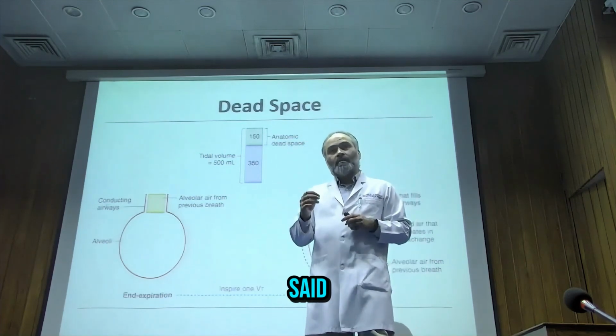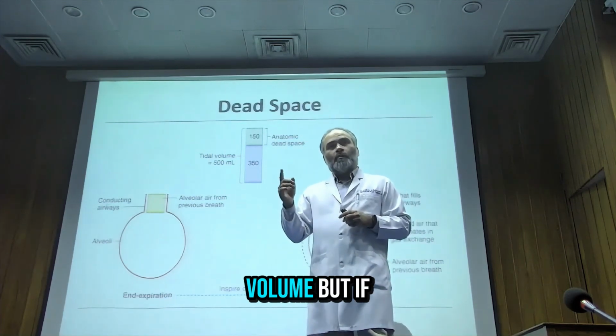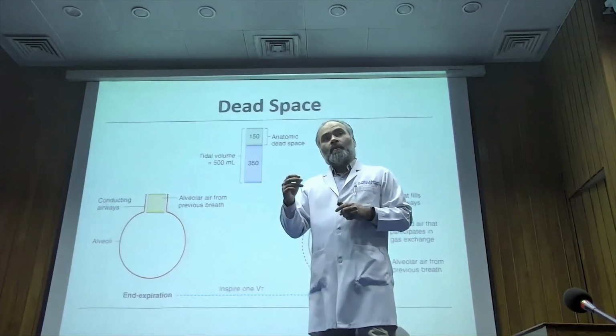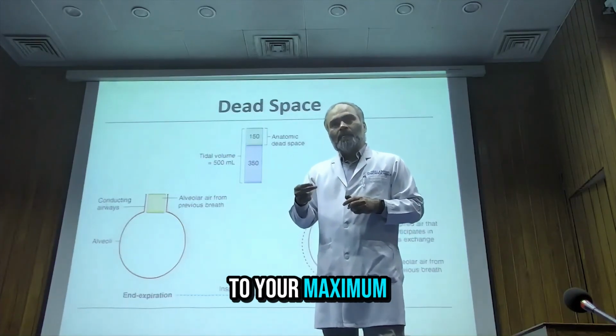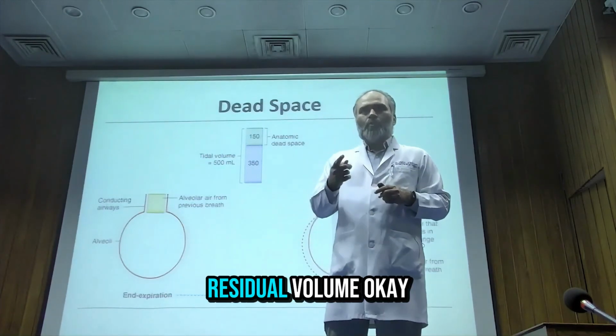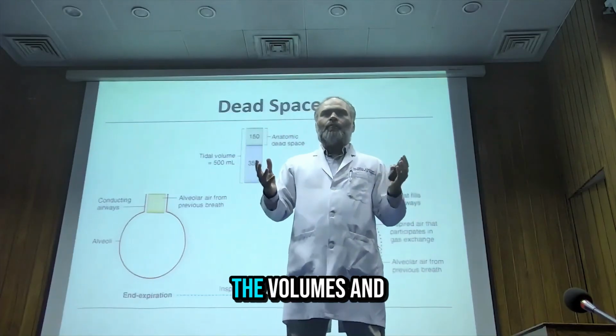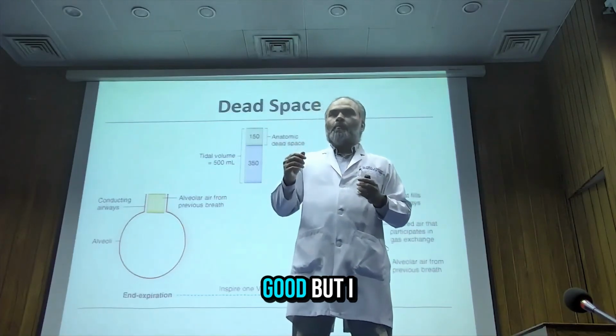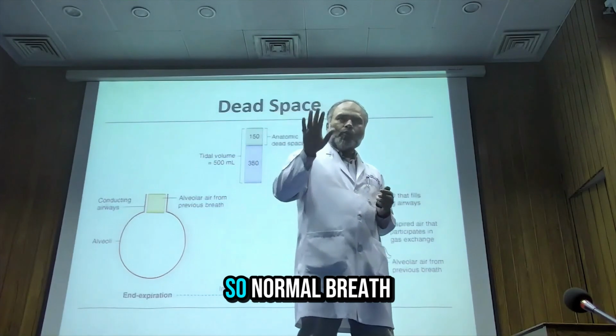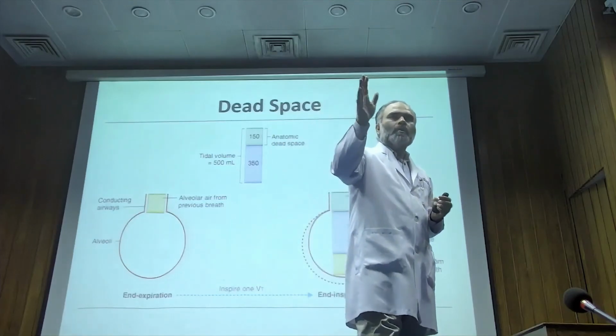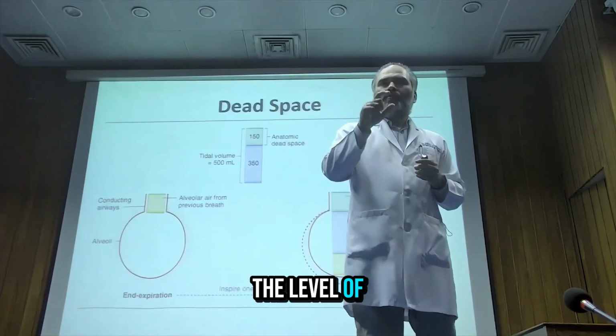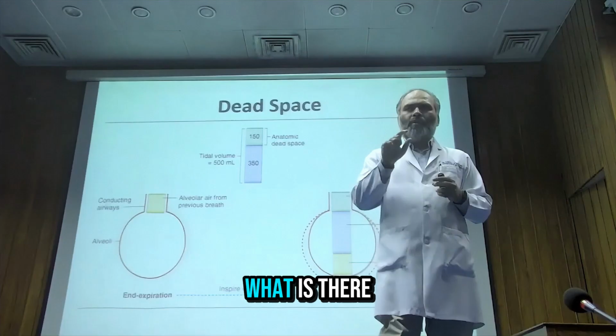If I had said that you expire to your maximum, not tidal volume, then what would have been left? Residual volume. Okay, so you have a hang of the volumes and capacities. Good. But I said tidal volume. So normal breath, expire and pause. At the level of alveoli, what is there?